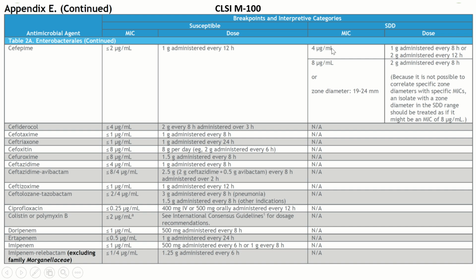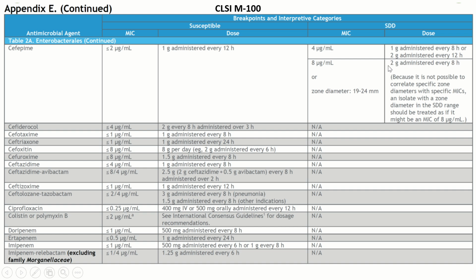So when the MIC has increased and you have to increase the dose, and you have tested such cases in clinical trials, these values become your susceptible dose dependent values, or these are also known as the PKPD cutoffs. Similarly, if the MIC further rises to 8, you'll have to give cefepime as 2 gram administered every 8 hourly.